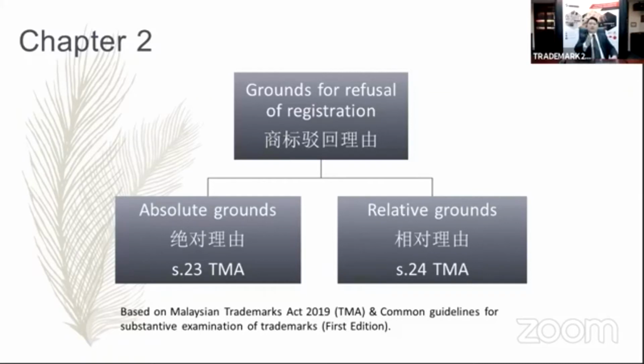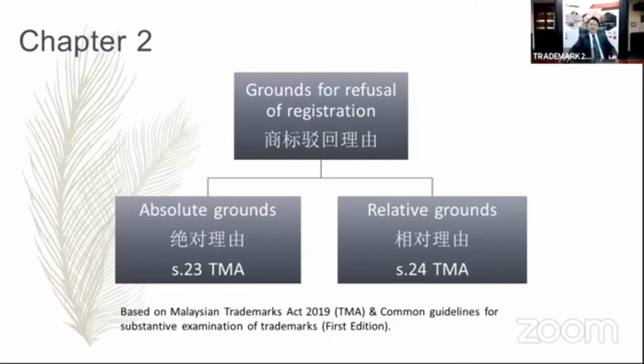I divided the grounds for refusal so that you will understand, and when you file for your own trademark next time, you will bear in mind and take my advice not to go against any of these grounds for refusal. Otherwise, you will not get your trademark registered. You won't be penalized, don't worry. They just refuse to register it for you.